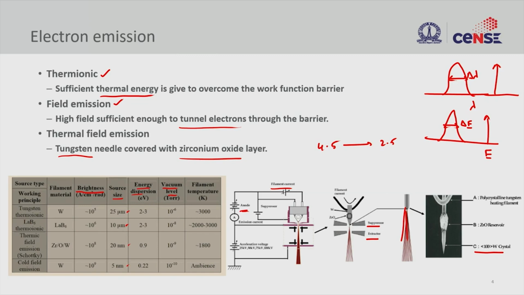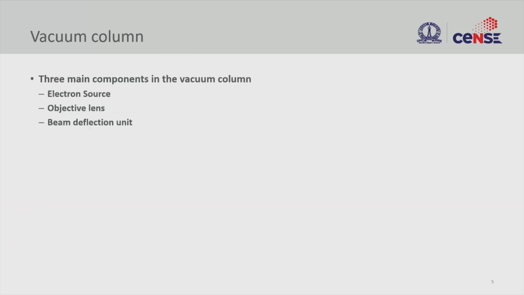The potential difference between this plate and your source gives you how much extraction current you can get. Once you get the electrons out, you accelerate the beam, and the acceleration can be achieved by varying the voltage difference between the extractor here and your accelerating voltage. So this is how we do the electron emission source configuration.